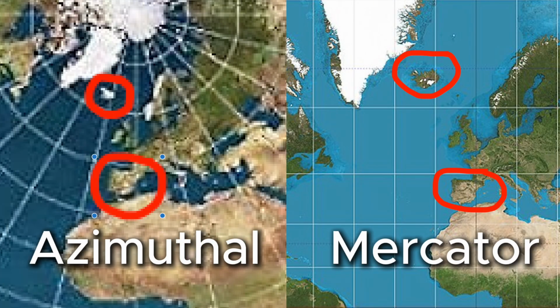That means countries further north on a usual flat 2D map will look larger than they actually are in real life. For example, if you compare Iceland and Spain on a flat 2D Mercator map and then the azimuthal map, you will see a big difference. Iceland will appear bigger compared to Spain on the 2D map as opposed to the azimuthal map because it's further north.